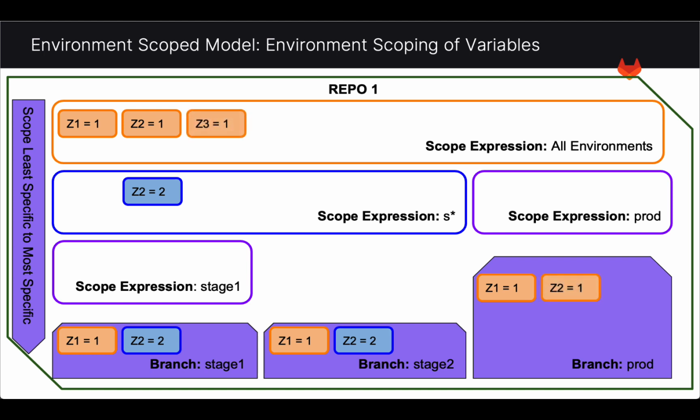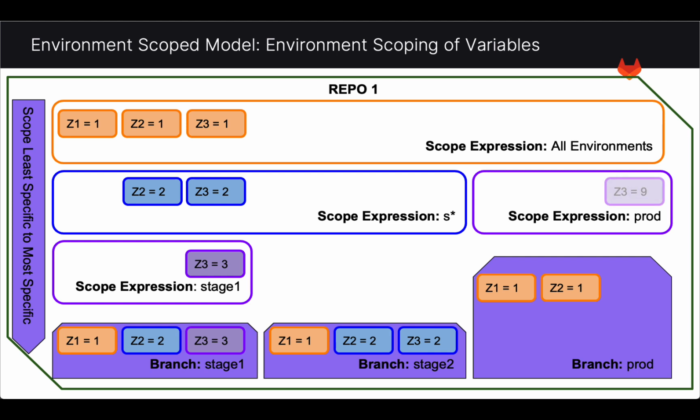Then in addition, if we have a variable Z3 and we set it to a different value at this level, but also another value at this level, then just for the stage 1 branch, it will be set to 3. And over here, if we have this Z3 set to 9 for production, then that's going to be set for production.